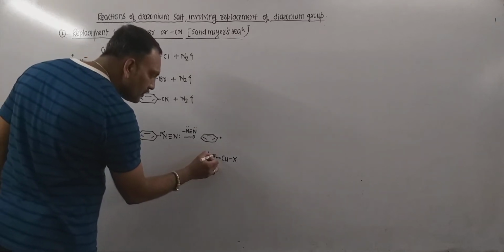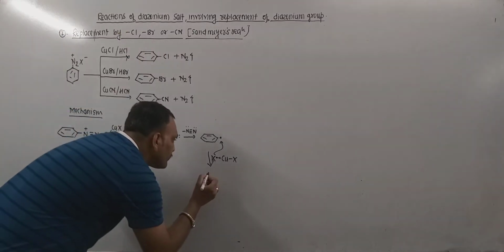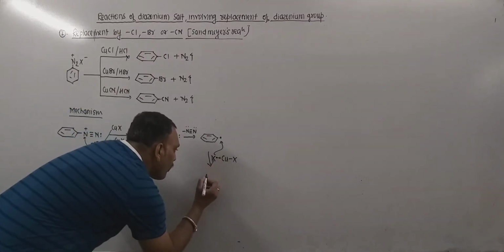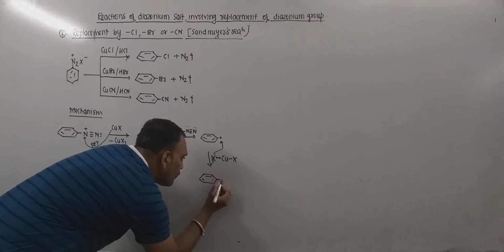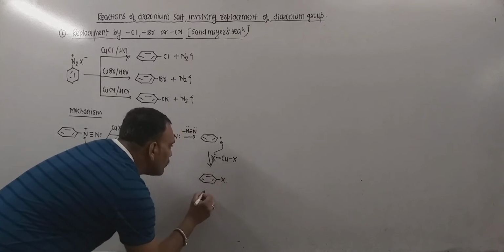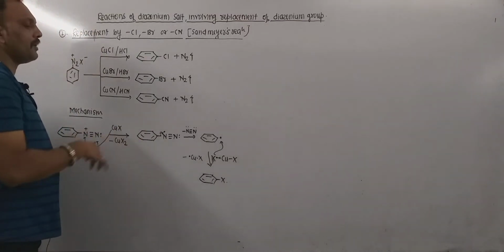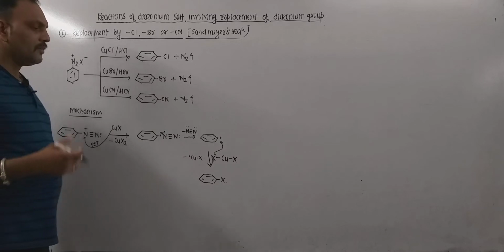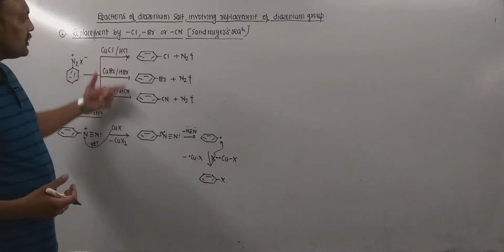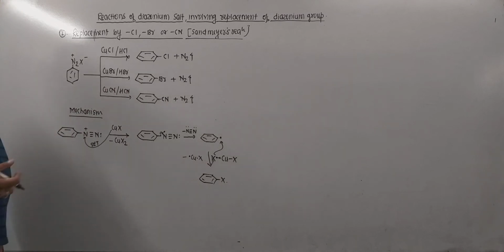So what happens, this shares an electron with the phenyl free radical, and that leads to the formation of our product, whatever we are willing to prepare, with the departure of a species that can be given as, so whatever we have used before during the course of reaction. So in this way these products may be produced, and this is the mechanism suggested.